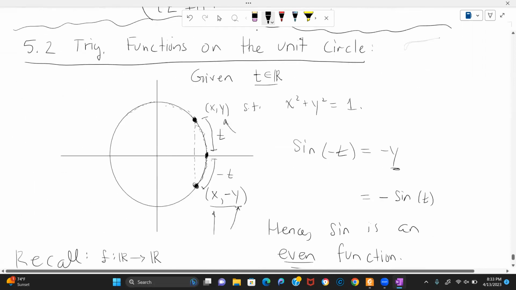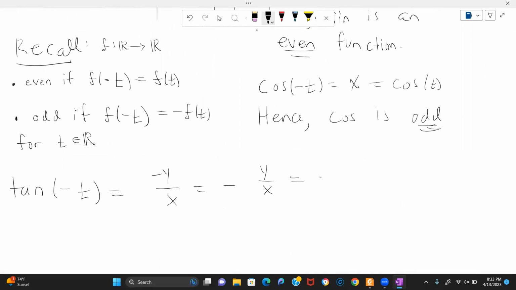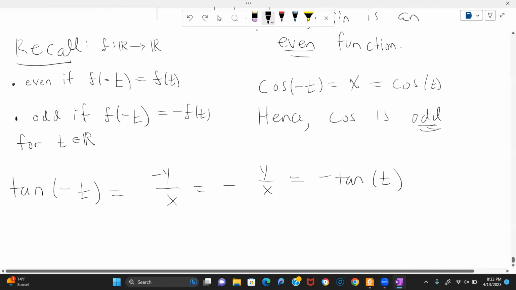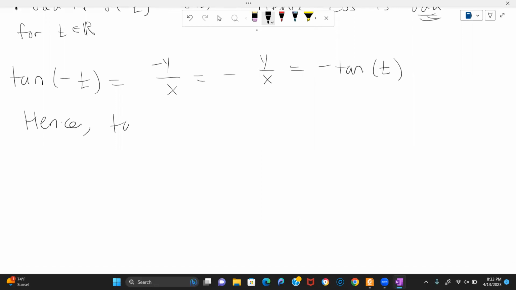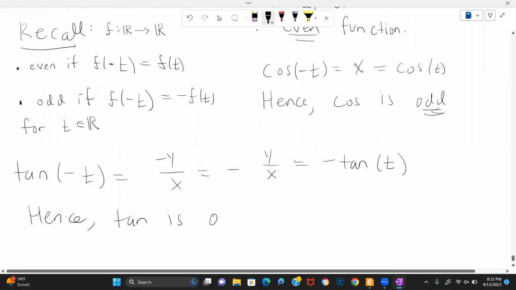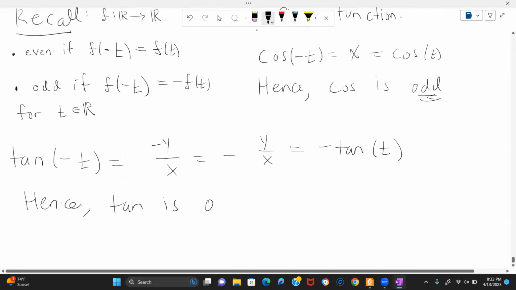Well, y over x is by definition tangent of t, because when you take tangent of t, you take the y coordinate over the x coordinate. So this is negative tangent of t. So this shows hence tangent is odd.